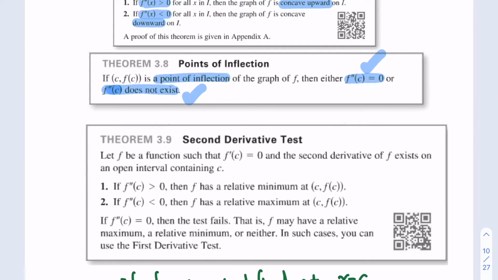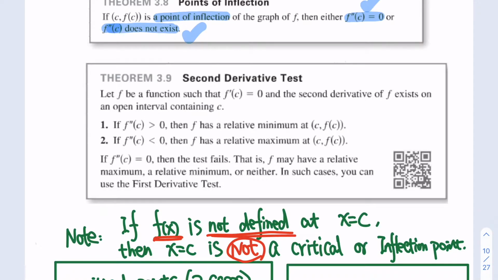The second derivative test. We learned the first derivative test for relative max and relative min after we do the sign analysis. For the second derivative test, first we calculate the first derivative and set it equal to 0, and this gives us the critical point. Then we check at the critical point.